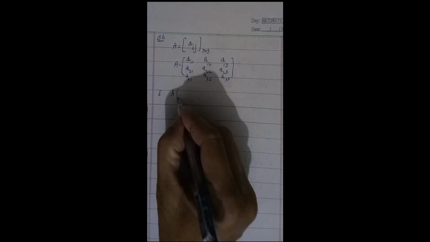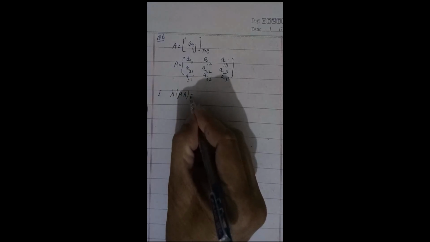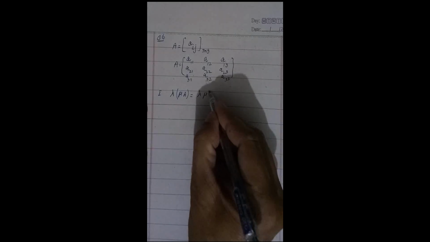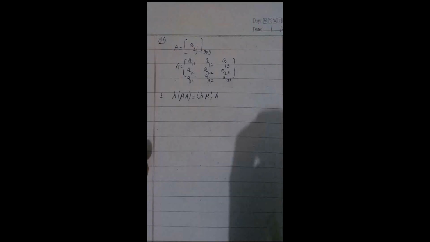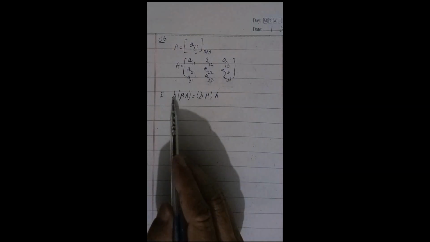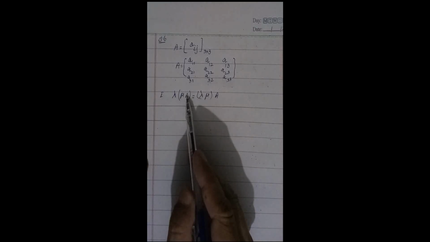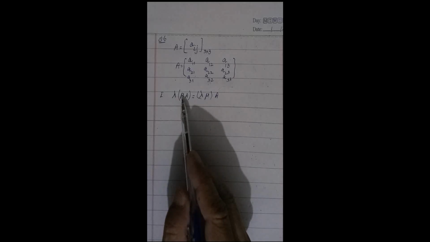Lambda bracket mu A is equal to lambda mu bracket into A. Here lambda bracket mu into A is a matrix. Lambda and mu are the scalars.